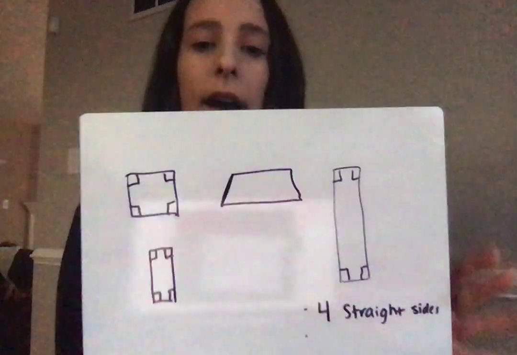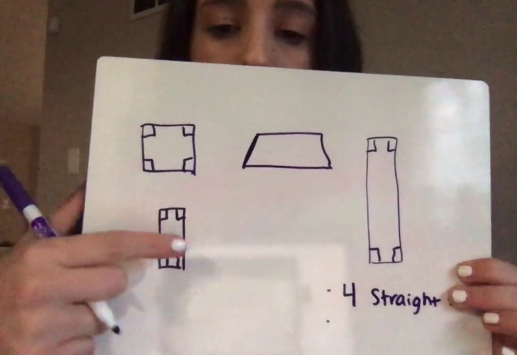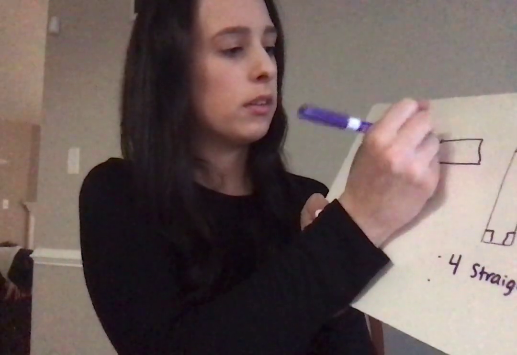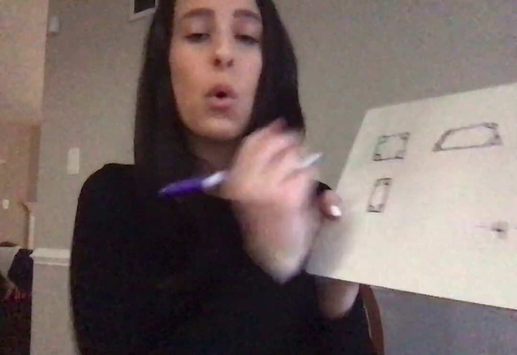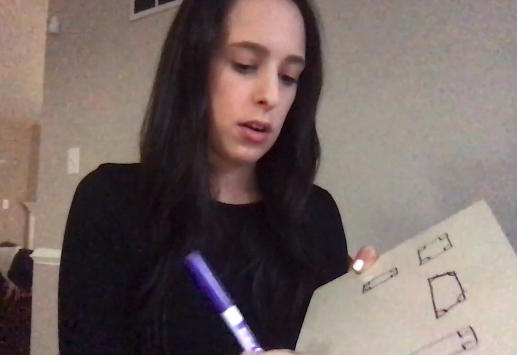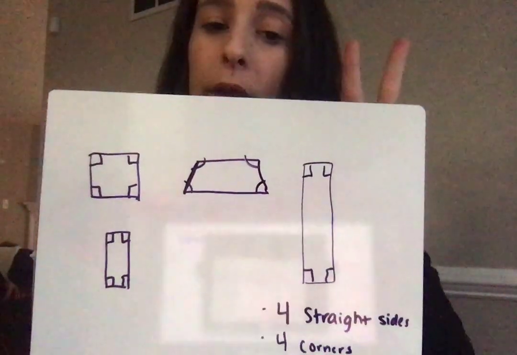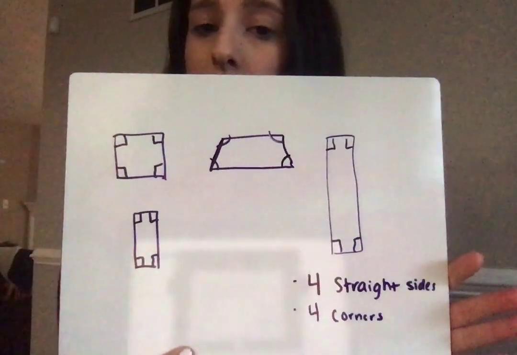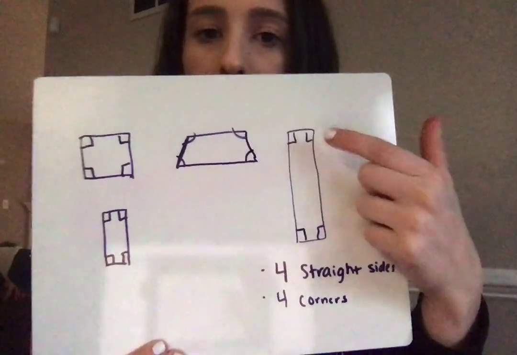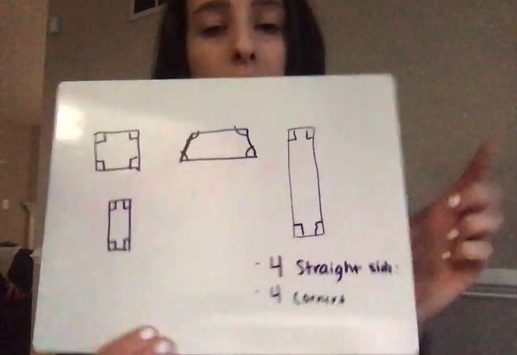Something else I can see kind of in here, I showed you a little bit, but also in this one, they have 4 corners. I'm going to write 4 corners. So this is my second group. They have 4 straight sides and 4 corners. We're going to talk a little bit about what these are in a later lesson. So try and remember that I drew that on there.